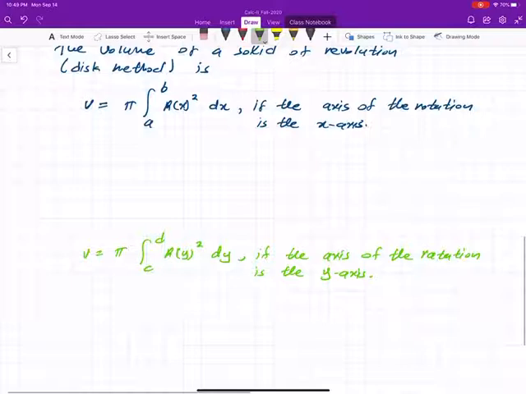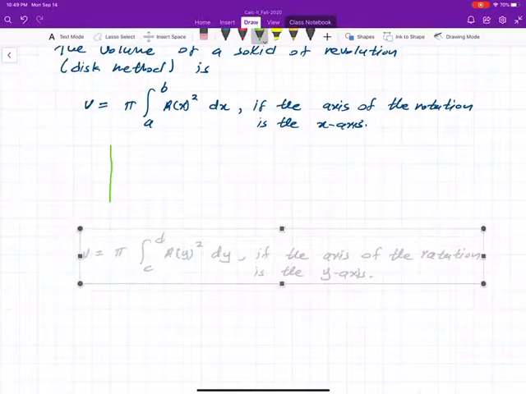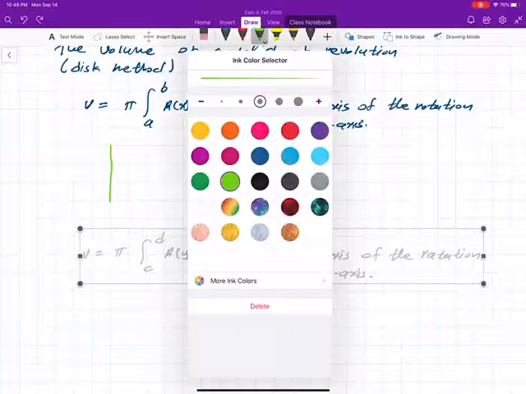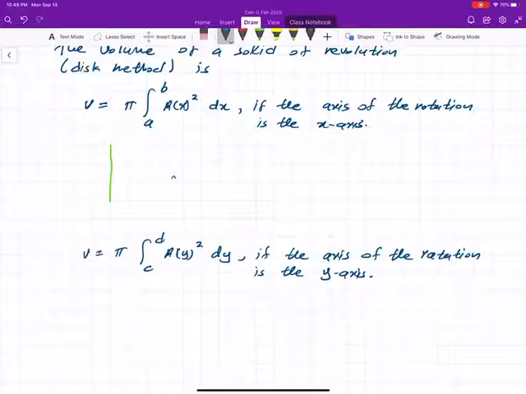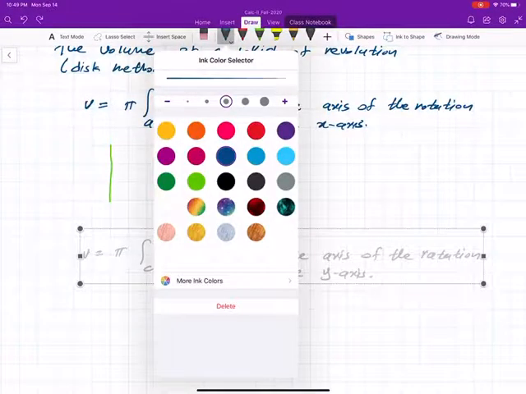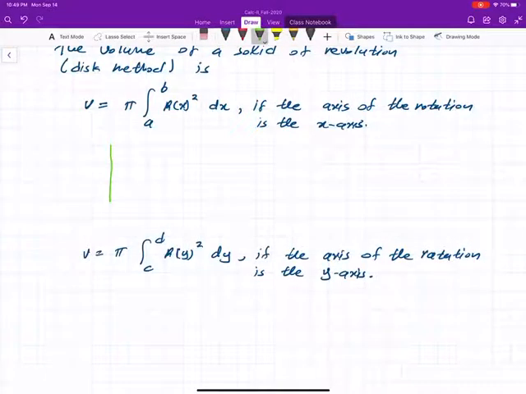So you have these axes. All right. You have this axis.